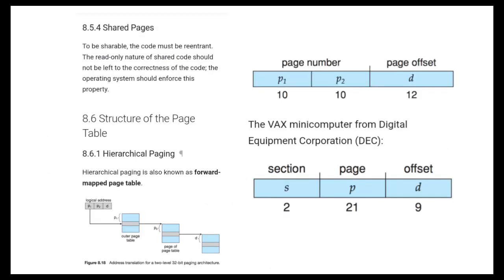Shared pages. Paging systems can make it very easy to share blocks of memory by simply duplicating page numbers in multiple page tables. This may be done with either code or data. If code is reentrant, that means that it does not write to or change the code in any way. It is non-self-modifying, and it is therefore safe to re-enter it.